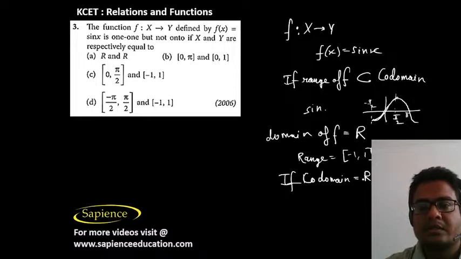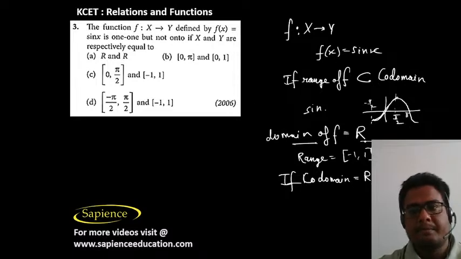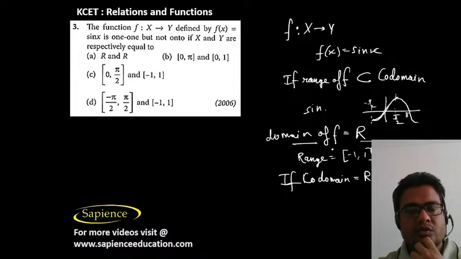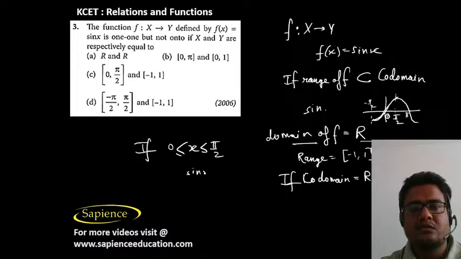But then if we take the domain as R, then it would not be 1-1. So if it has to be 1-1, then take 0 to pi by 2. If we take x greater than or equal to 0 and less than or equal to pi by 2, sin x will obviously go from 0 to 1.